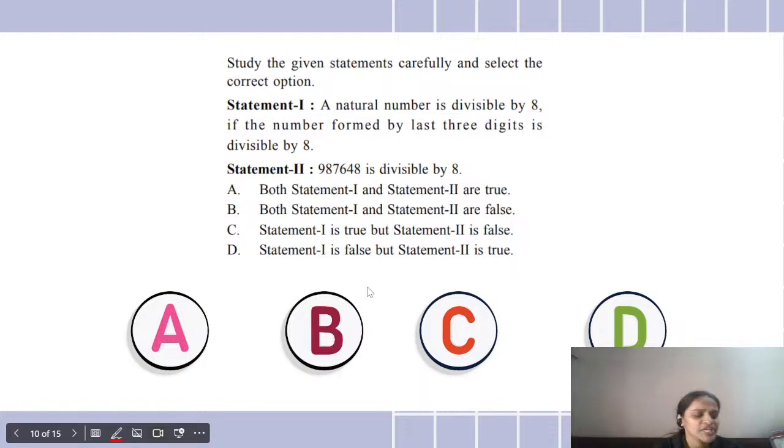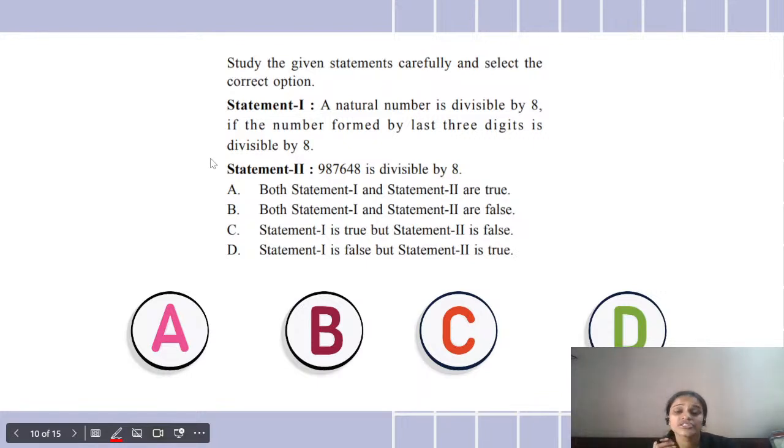Okay, children, buck up. We need to be faster. This is not that difficult. I'm not getting answers in the chat. Satish has already written A. Okay, Satish, I've got the answer only from you, so let's wait for the others also.